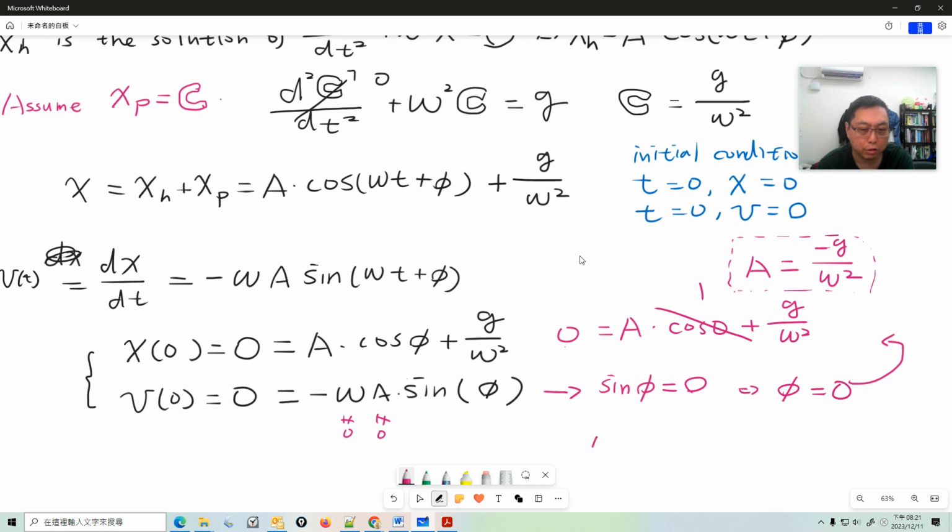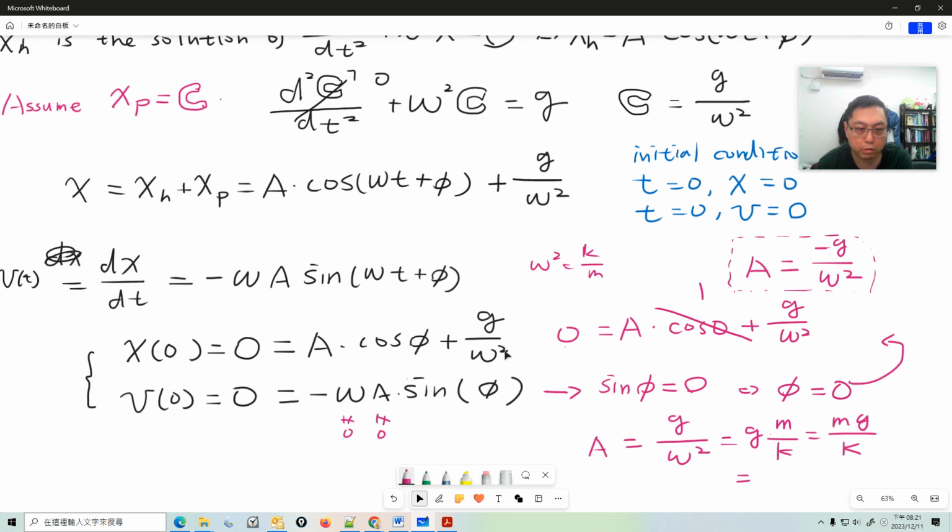So what's the value of A if we just take g over omega squared? Omega squared is k over m, so 1 over omega squared is m over k. So it's actually mg over k.